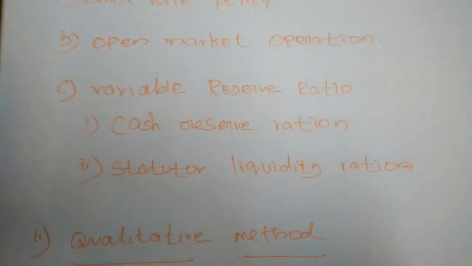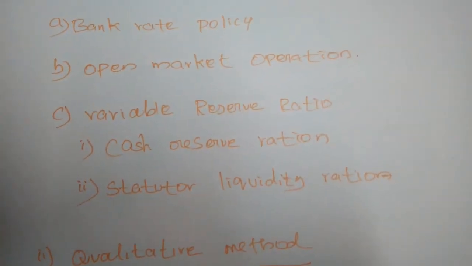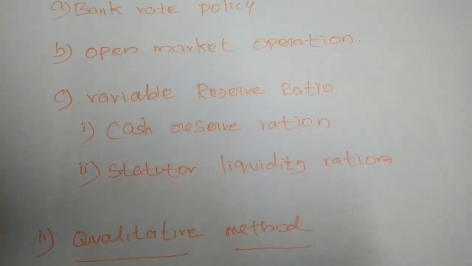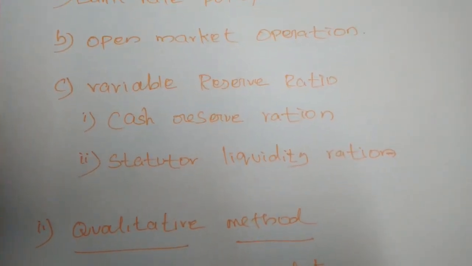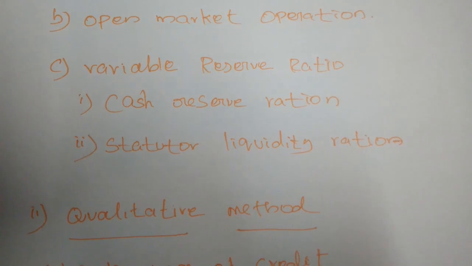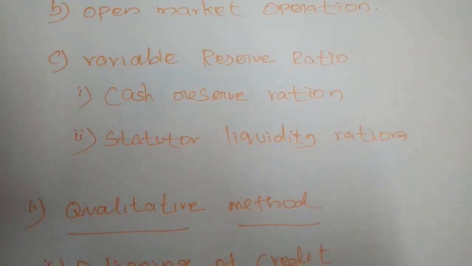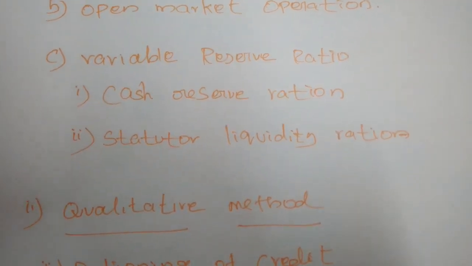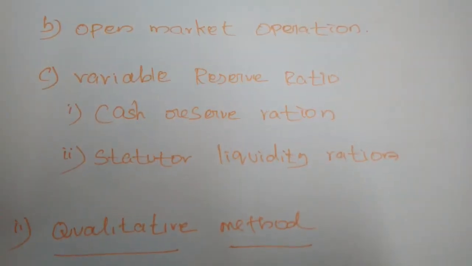So by reducing or increasing the cash reserve amount, the commercial bank will have low capacity or high capacity to produce money.